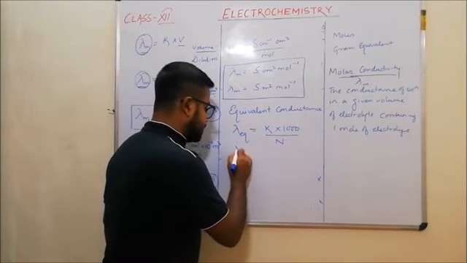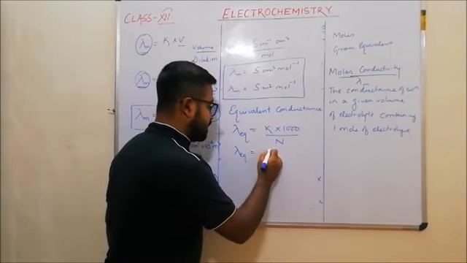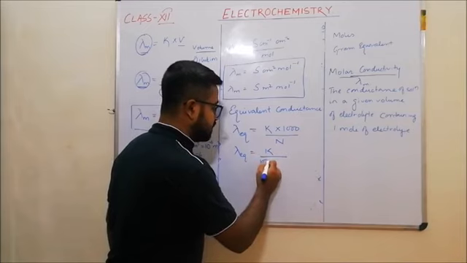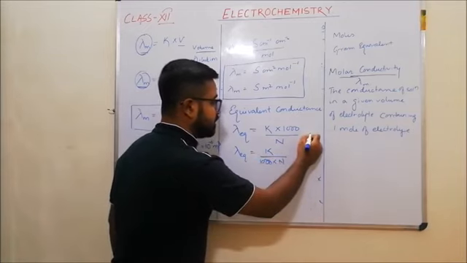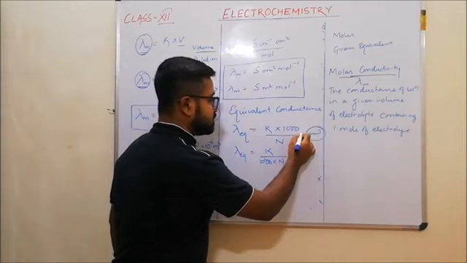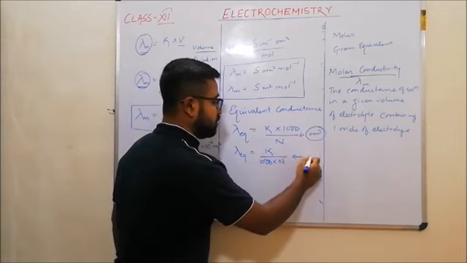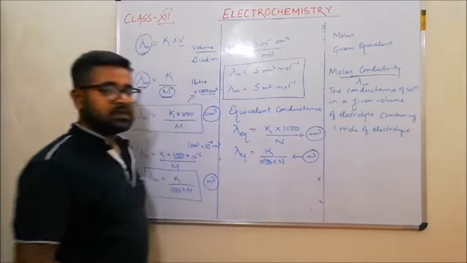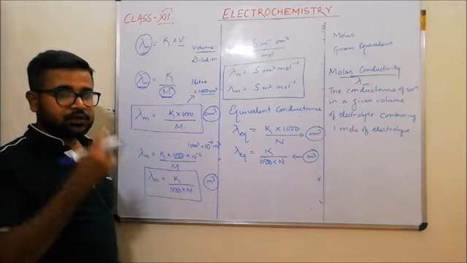And this we can also write as kappa by 1000 into n. This is for centimeter cube, and this is for meter cube. Clear?